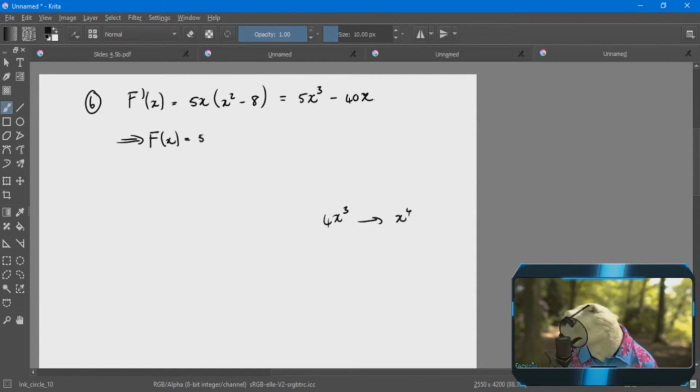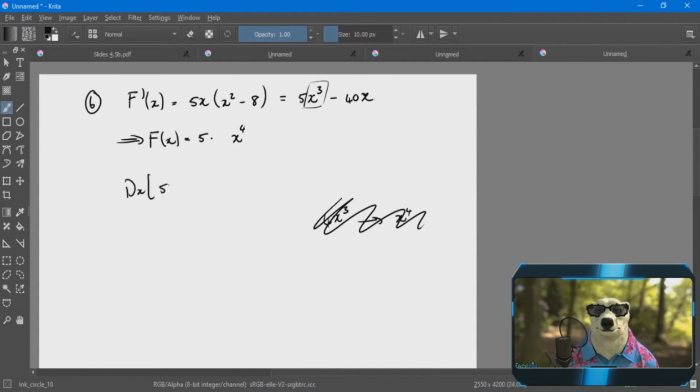So I leave the 5 out of everything. I do need to keep it in front. This situation is not happening. And focus on the antiderivative of x cubed, which is essentially going to be x to the 4. But if I leave it like that and test it by way of taking the derivative, I'm going to get the 5 in front, and by the power rule get a 4x cubed.